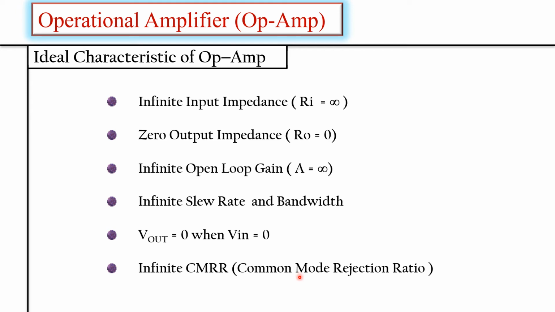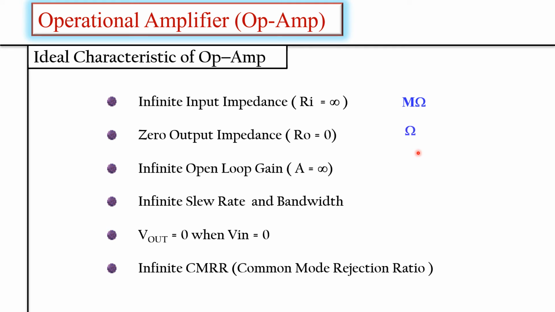But if you see any practical op-amp, they do not have infinite input or output impedance. Generally, the input impedance of a practical op-amp is in the range of mega ohms, while the output impedance is in the range of few ohms.